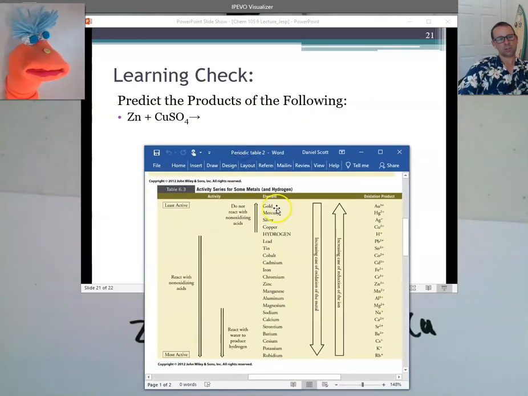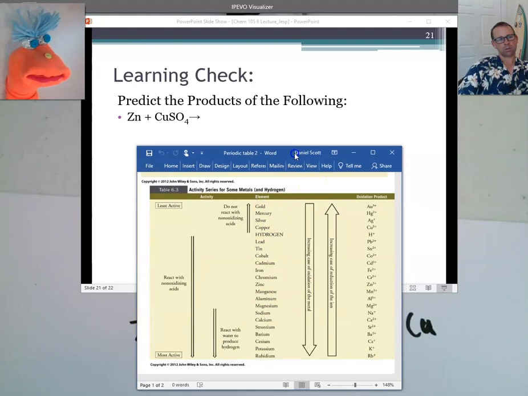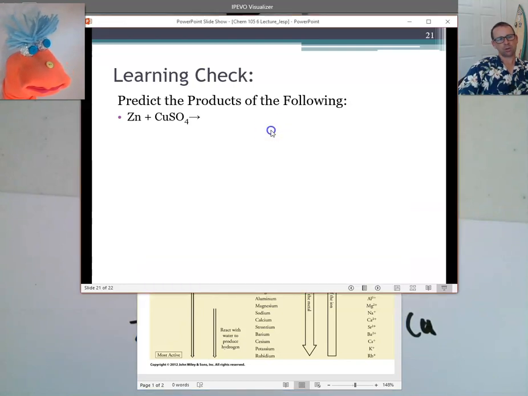Now, does the activity series suggest that that is going to want to occur? I think so, because zinc is more active. It wants to give up its electrons. Copper wants to hold on to its electrons. Very good. So we can predict the products and we say, yes, this reaction will occur because zinc is more active than copper.